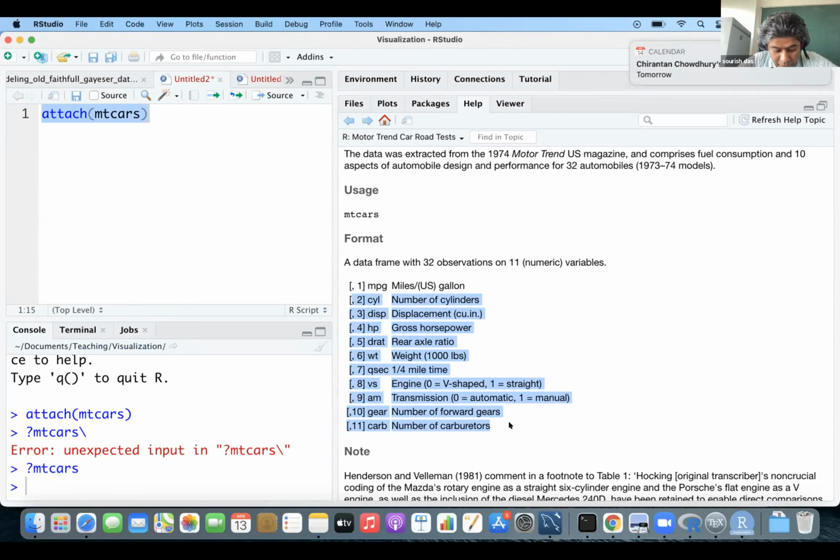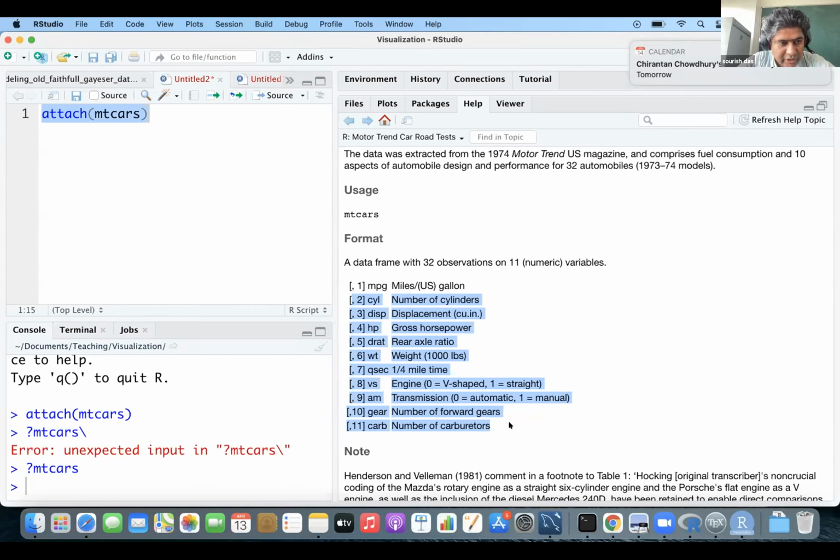Now suppose, imagine yourself, you're an engineer working in the automobile industry, and somebody is working in the design division.